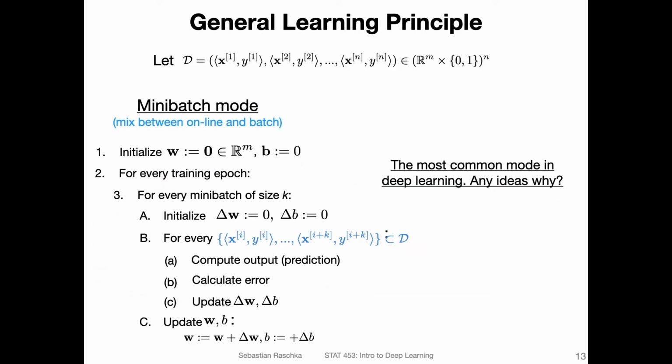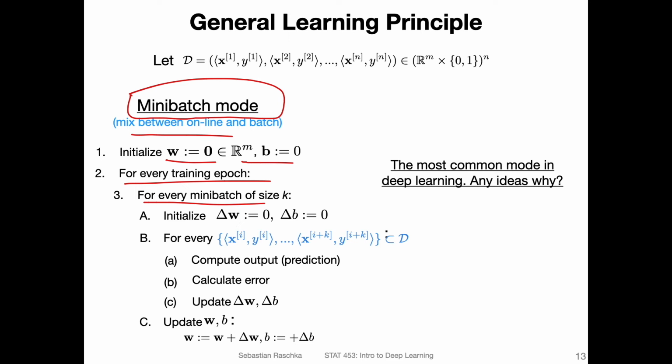Now let's get to the most common mode of learning. This is the mini-batch mode, which is a mix between the online mode and the batch mode. Similar to the previous two modes, we initialize our parameters that we want to update, the weights and the bias, and then we also iterate over the training epochs. But now what's new is we also iterate over mini-batches.